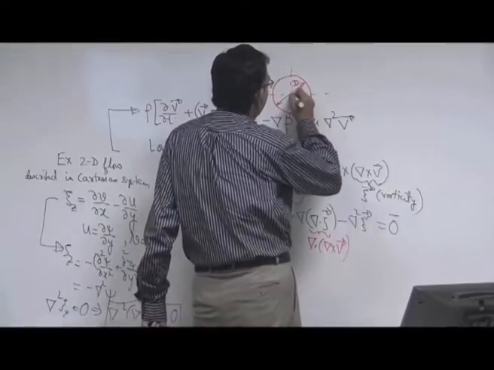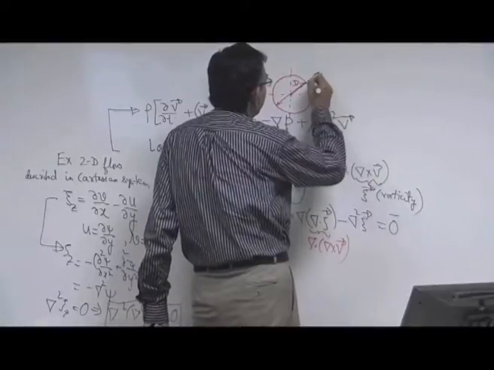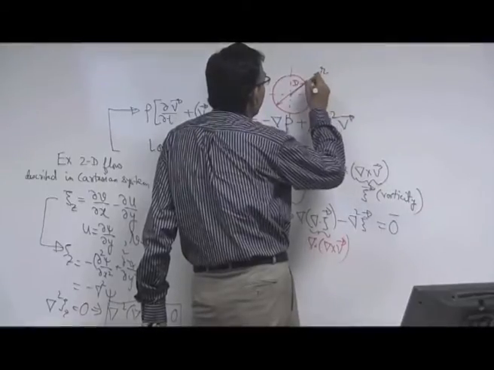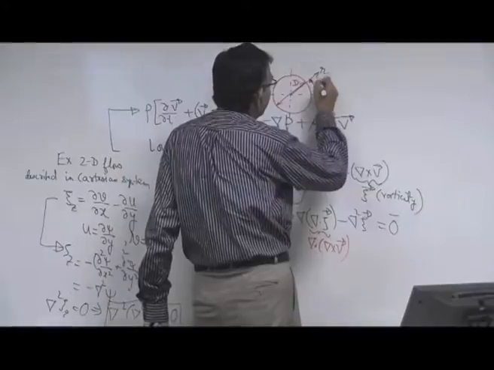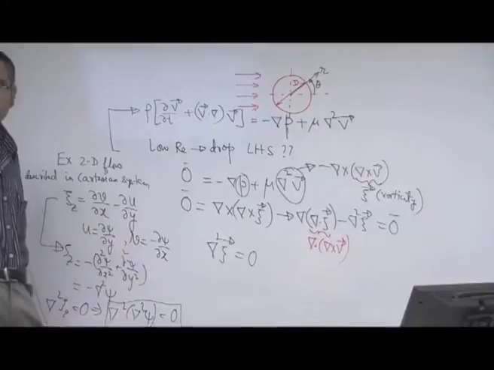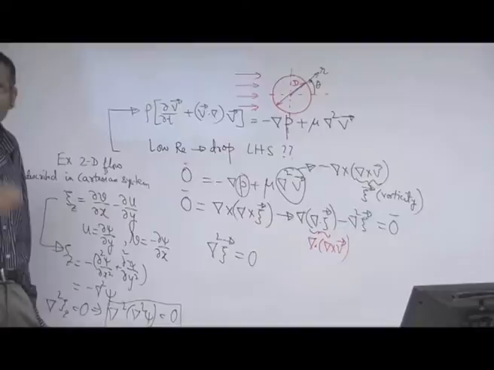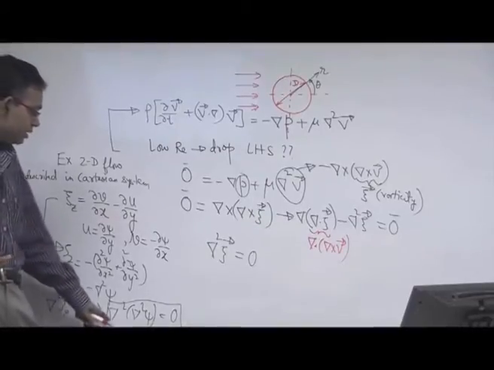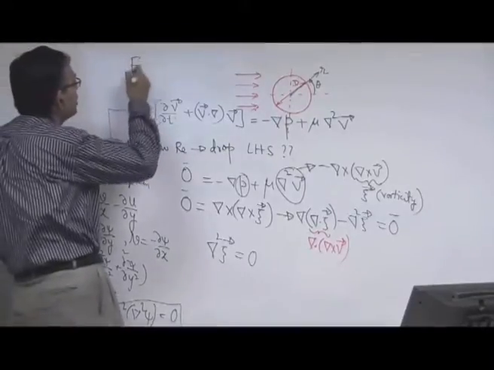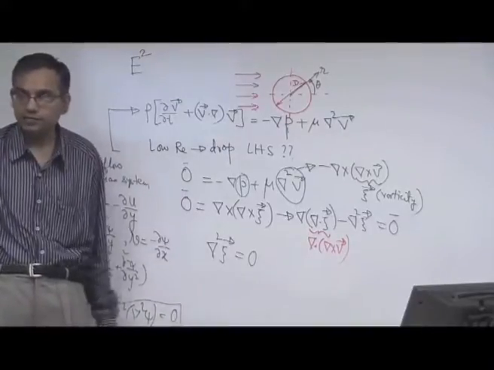If you now use a coordinate system which is radial r and angular coordinate theta, then instead of u and v, you could use the components Vr and V theta, but because of the change in the coordinate system, this del square operator will not work. So, instead of del square, we will use a different operator which is called the E square operator. We will come into that.